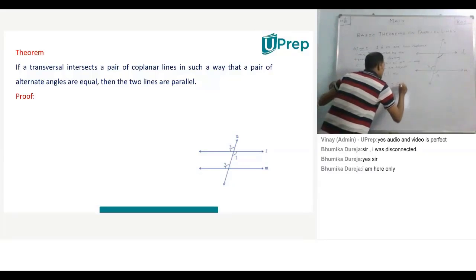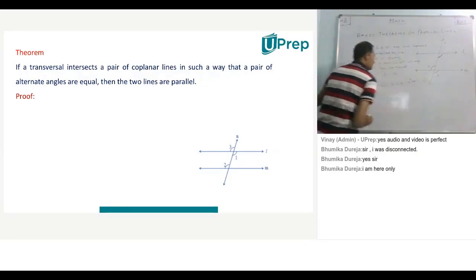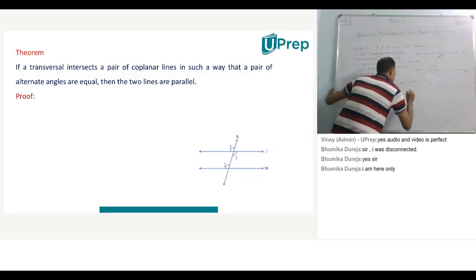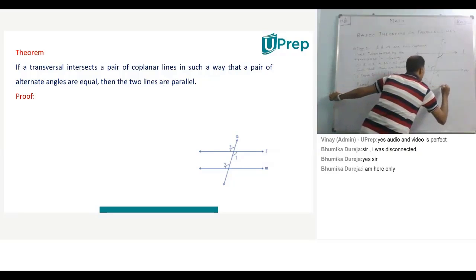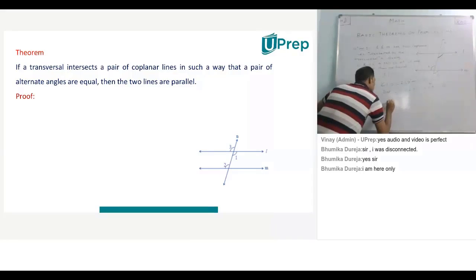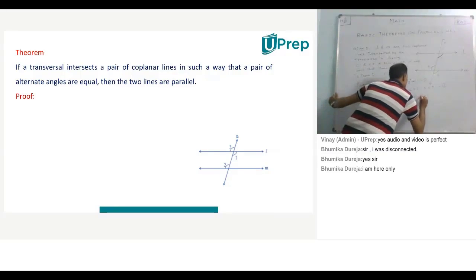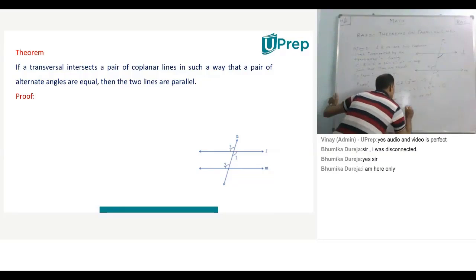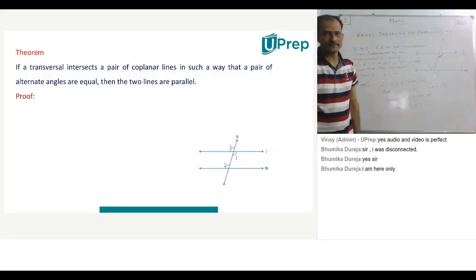Proof. Angle 1 is equal to angle 2, it is given. We'll mark it as equation 1. But angle 2 is equal to angle 3, since vertically opposite angles. We'll mark it as equation 2. From 1 and 2 we get angle 1 is equal to angle 3.